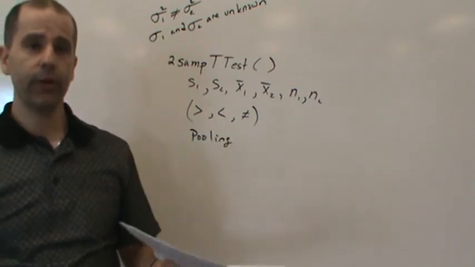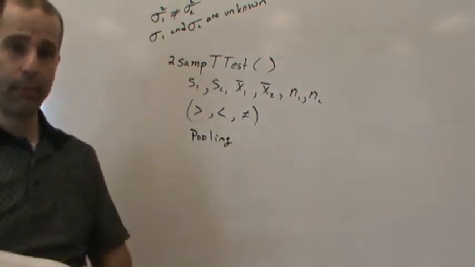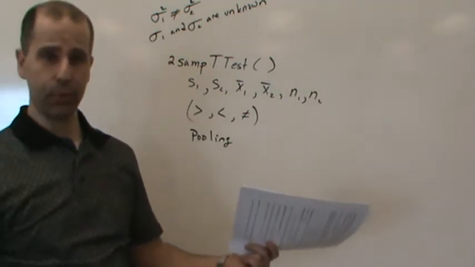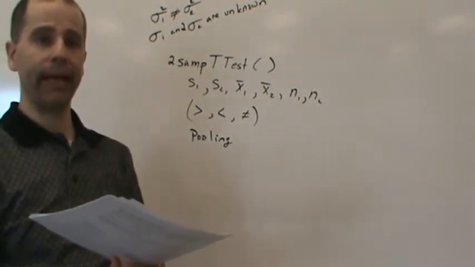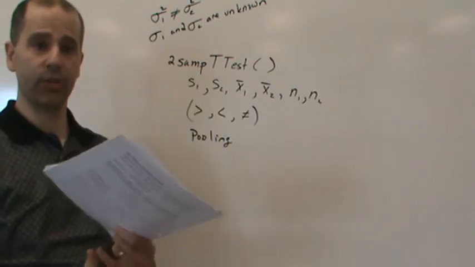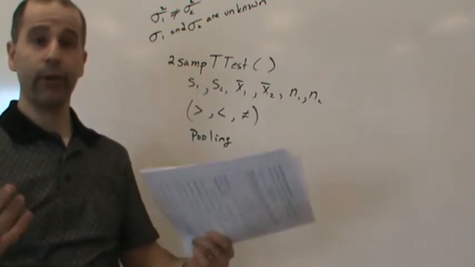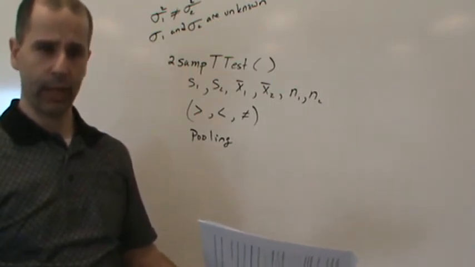If we assume that the population variances for both populations are the same, then we can take the samples and pool them together and come up with a pooled variance, so that we use a common variance for the common sample, if that makes any sense.